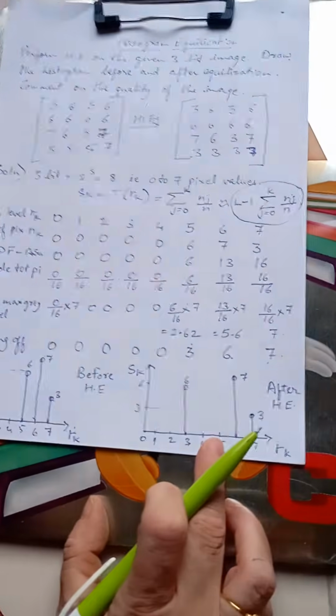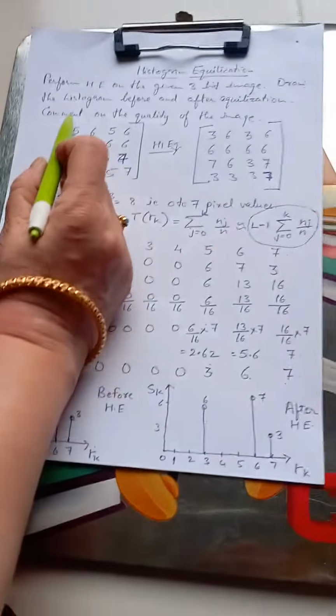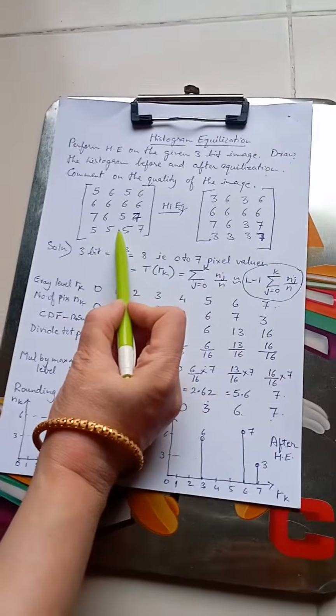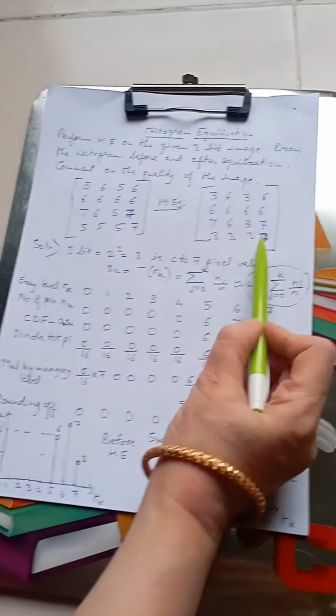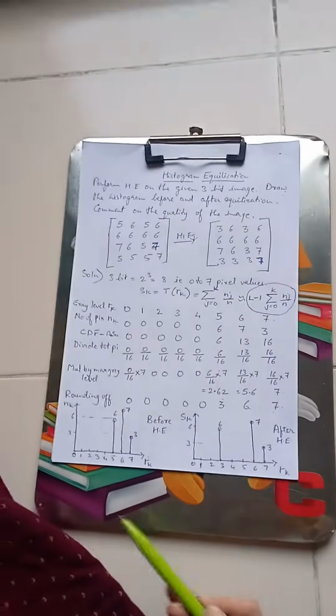That means it is converted to a high contrast image. So our comment is: the original image was a very bright image and after performing histogram equalization, it has become a high contrast image as seen from the histogram. Thank you.